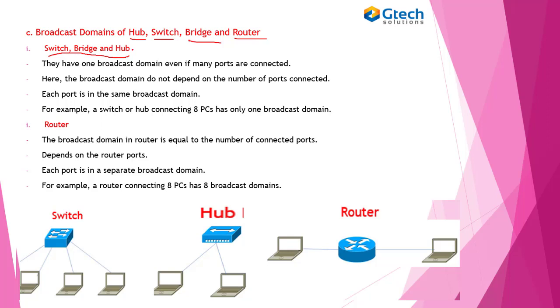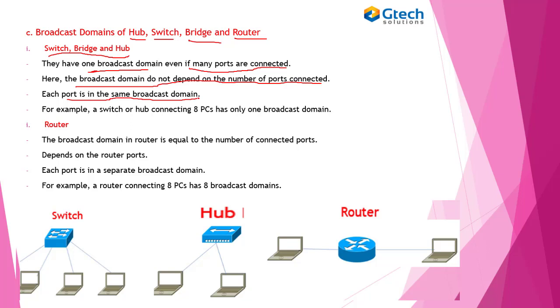That's why we have grouped them under one category. Okay, they have one broadcast domain even if many ports are connected. Here the broadcast domain does not depend on the number of ports connected. Each port is in the same broadcast domain.